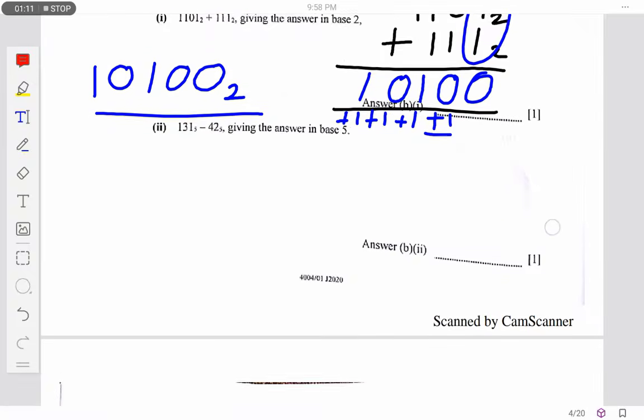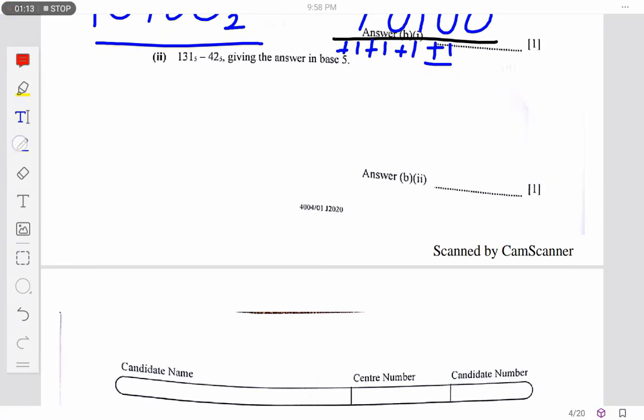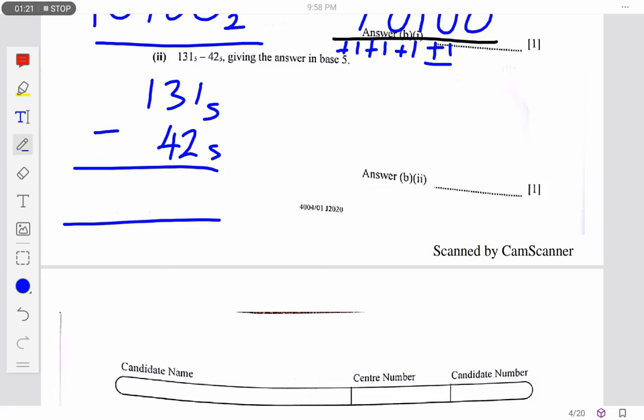Then for our subtraction there, we have 131 base 5 minus 42 base 5. Here what happens is this: 1 minus 2 there, it can't, so we borrow a 1 from there and we'll remain with a 2. So this is going to be a 6. 6 minus 2, we get a 4.